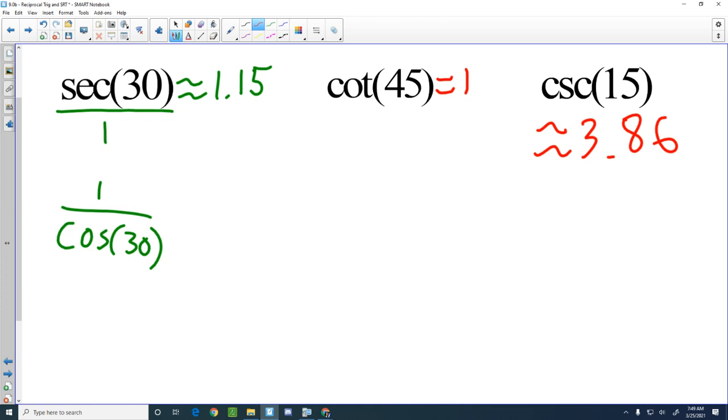It means approximately equal to. Because we rounded our answer, it's not exactly 3.86, whereas the cotangent, that's exactly equal to 1, so I use the equal sign. When I round it, I try to use the squiggle sign. I don't always, but in general, just to show you that the cosecant of 15 is not exactly 3.86, but it's really close. So for all intents and purposes, it's practically 3.86. Good question.